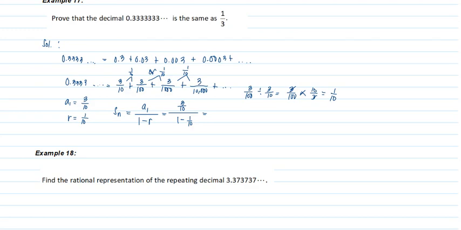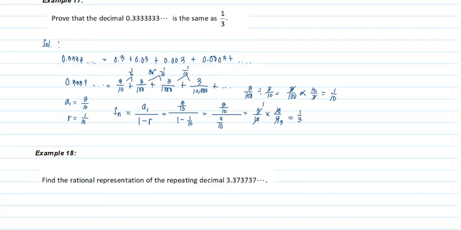And then, 1 minus 1 over 10 is going to be 10 minus 1 for the numerator, so it would be 9 over 10. And then, 3 over 10 times 10 over 9, and this would be cancelled out, so this can be reduced as well, so it would now be 1 and then 3, so therefore the value is 1 over 3.